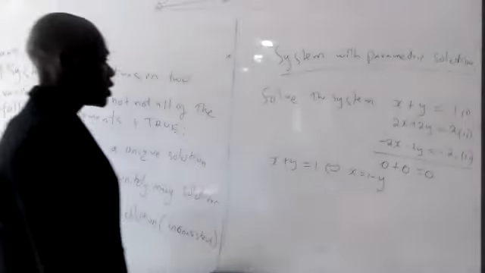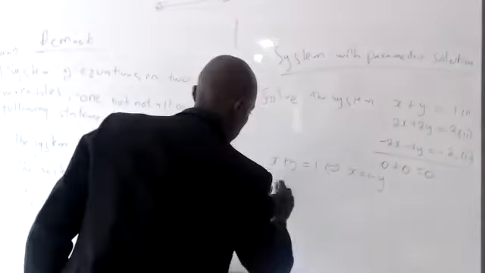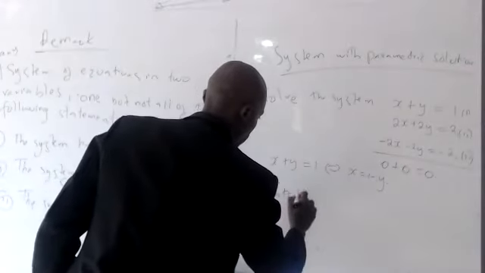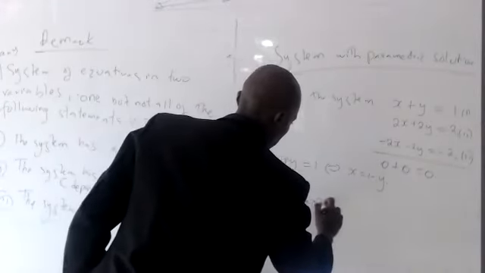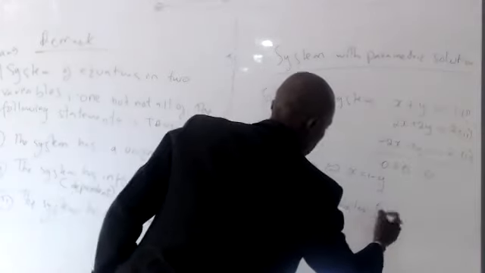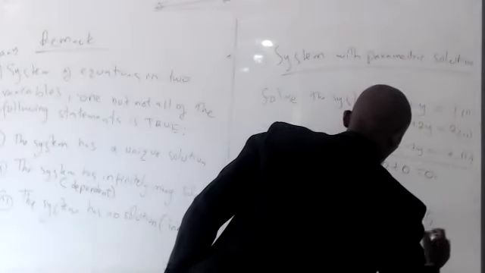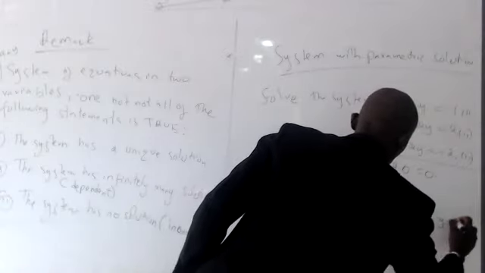Now the solutions for this system will depend on some parameter. Introduce a parameter. The parameter could be t, s, or anything, so that x is equal to 1 minus t and y is equal to t.